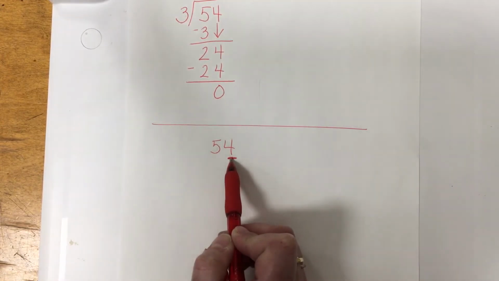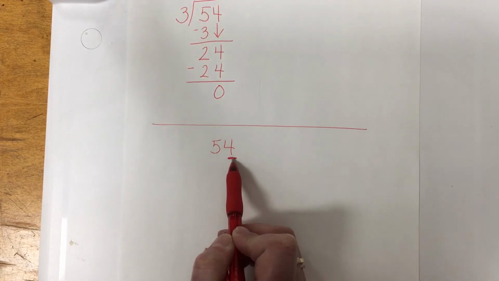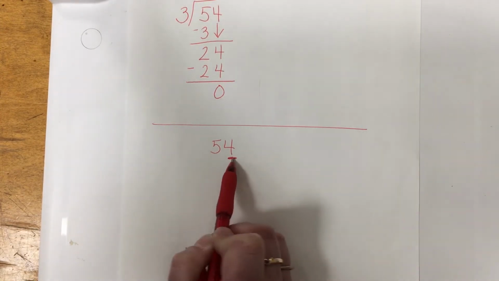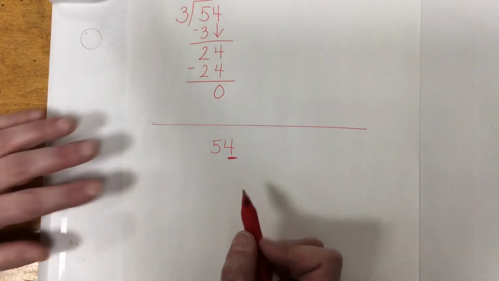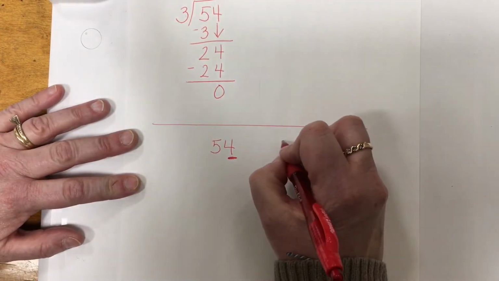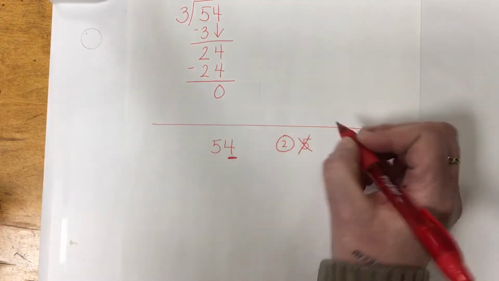And I know that all even numbers have a factor of 2. So if the digit in the ones place is even, 2 will be a factor. If the digit in the ones place is odd, then 2 will not be a factor. So we can use those patterns for the numbers 2 and 5. So 2 would be a factor, 5 would not.